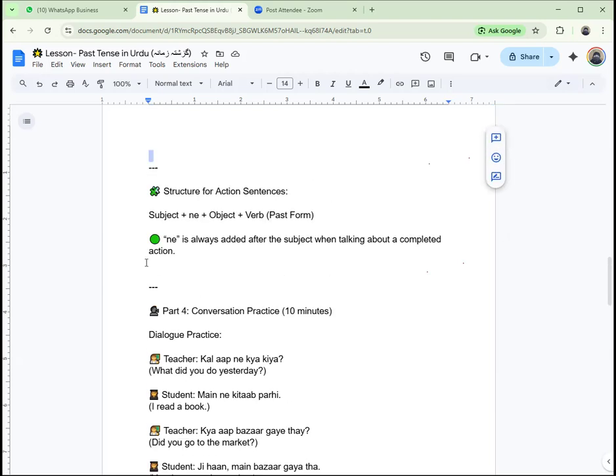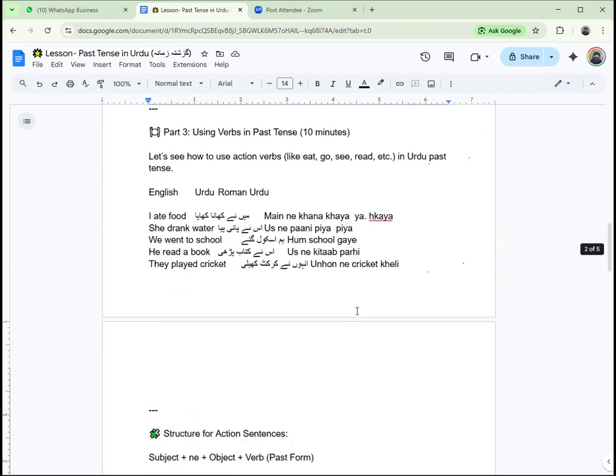Did you get this explanation that we use ne in past tense? We never use this in present or present continuous. Does ne have any translation? Ne has no exact translation.